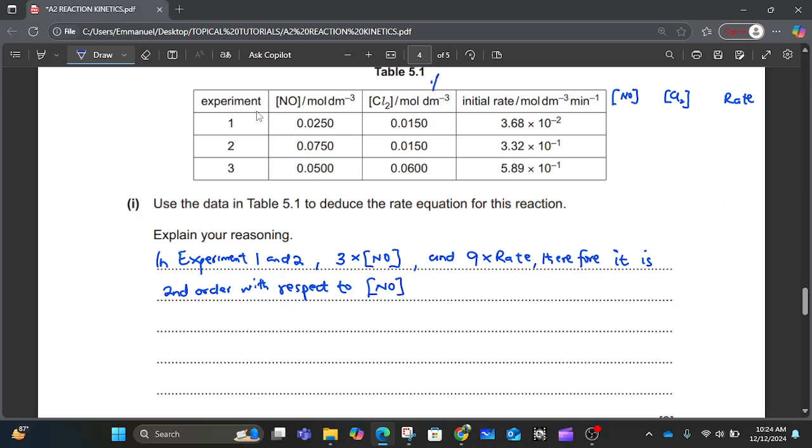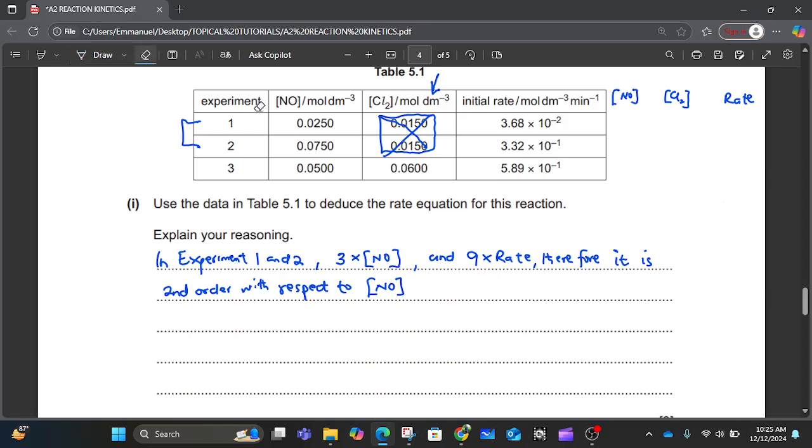Now let's find the order of reaction with respect to Cl2. So you have to use two equations. Now you can see that there is a challenge with finding the order with respect to Cl2. Because when we started finding the order with respect to NO concentration, it was easy to use experiments 1 and 2 as the concentration of Cl2 in experiments 1 and 2 are constant, so we could easily eliminate Cl2 and then easily find the order with respect to NO concentration.